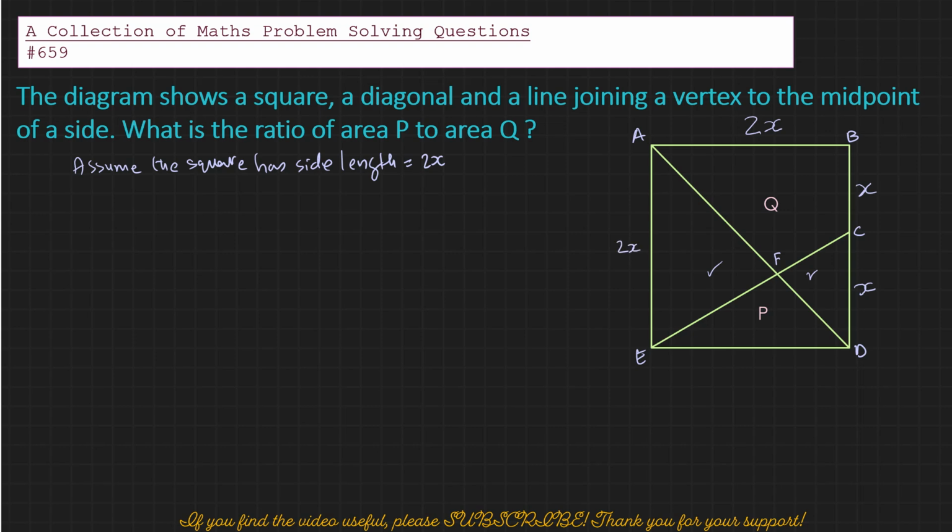So we can say that triangle AFE is similar to triangle DFC, and that is because angle AFE equals angle DFC, they are vertically opposite.